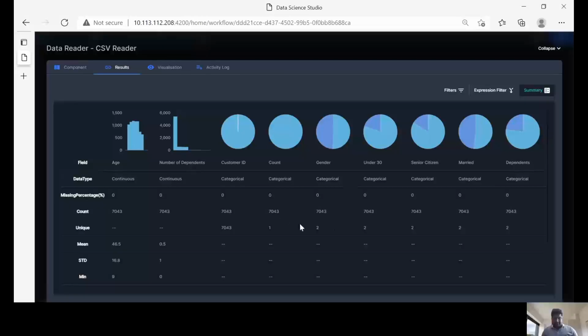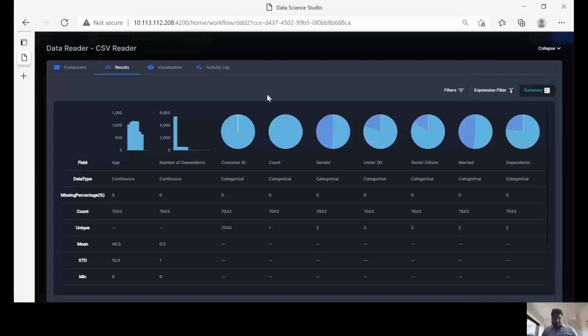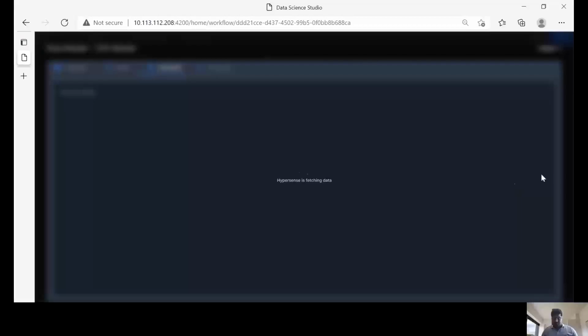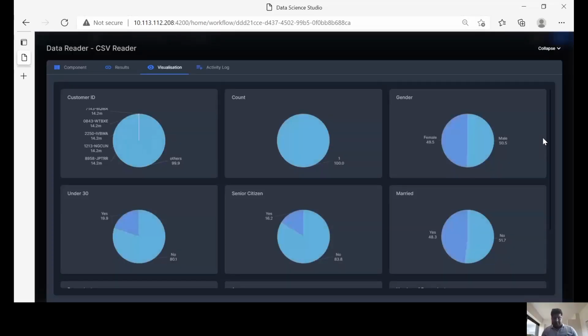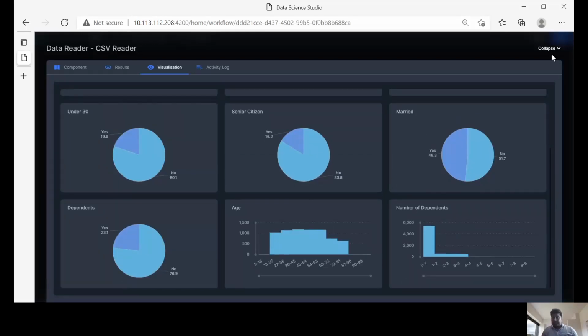We can essentially see that there are certain variables which have missing values here. Of course, we can look into the detailed distribution of all these variables to see if there is any skewness in any particular variable, and what we can do about that, right?